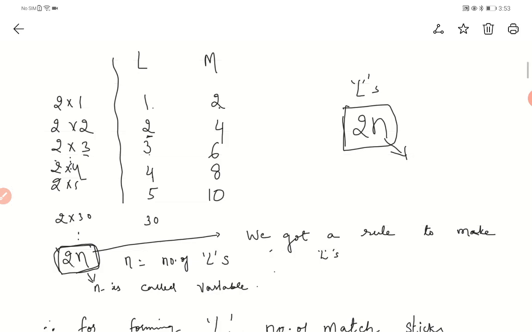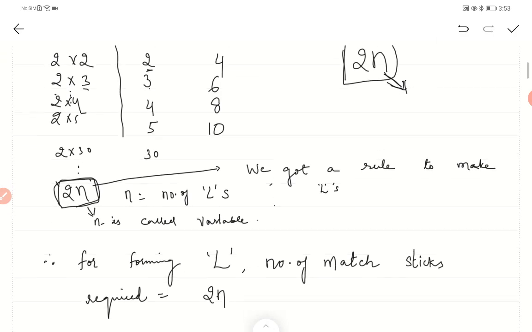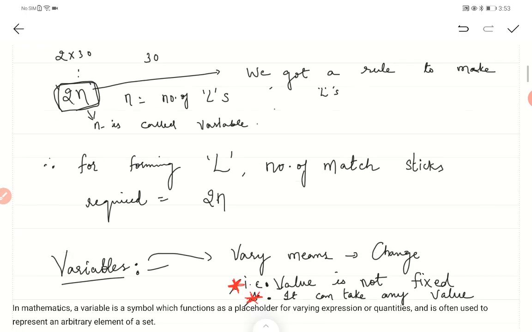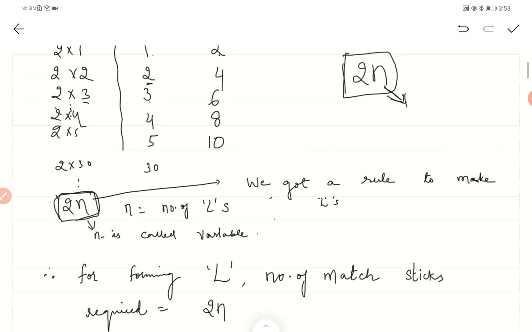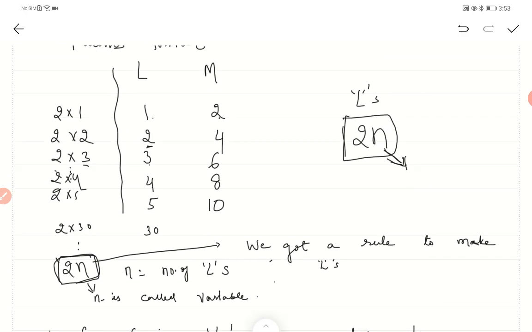Alright, so this was one of the examples. Now at present you just remember this is a variable, right? Similarly, now we are going to study variables and the different equations we will come across, and the uses of these variables.